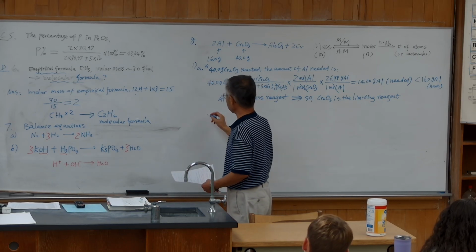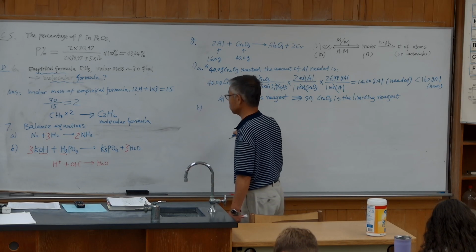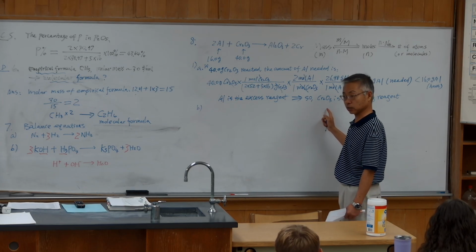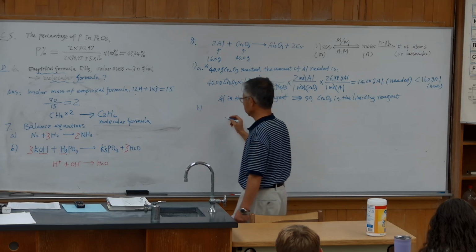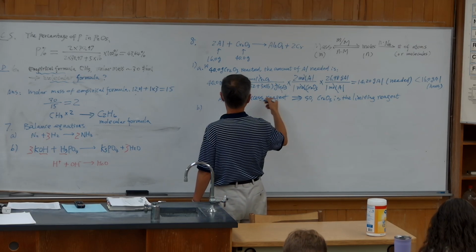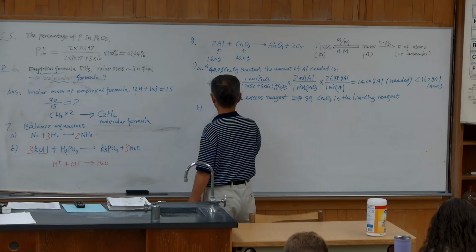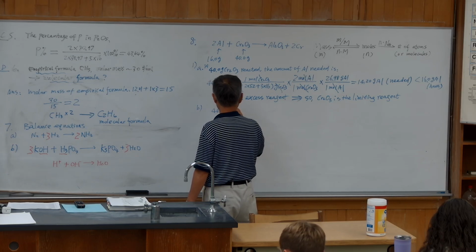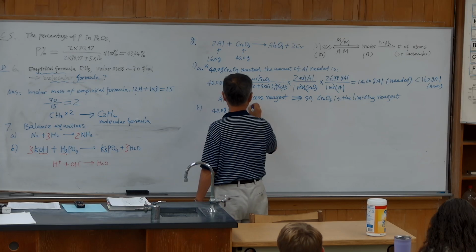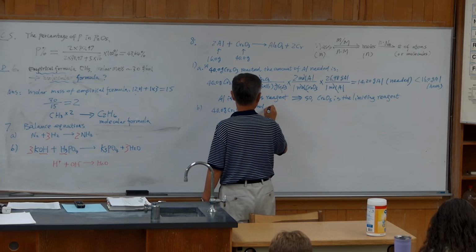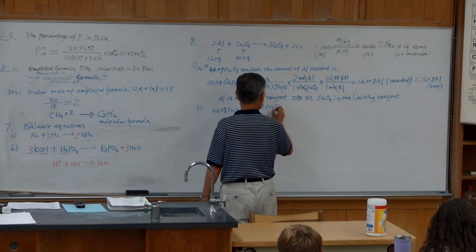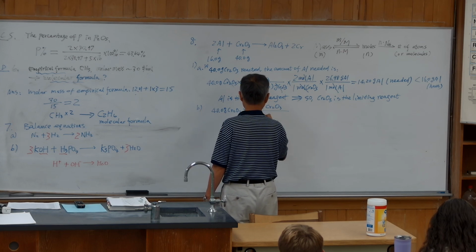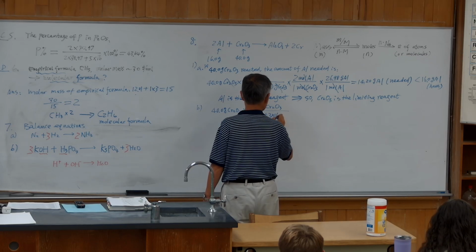Okay. Now, next step, calculate the theoretical yield. Now you don't have a choice. You must use the limiting reagent to calculate the theoretical yield. So the limiting reagent is Cr2O3, and we must use Cr2O3. Mass converts to moles the same way: 2 times 52 plus 3 times 16.